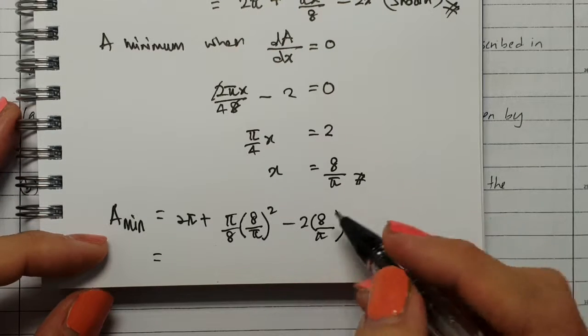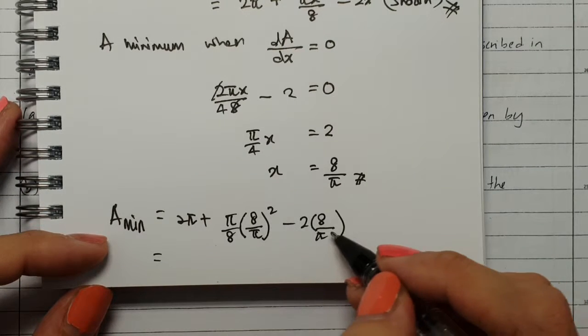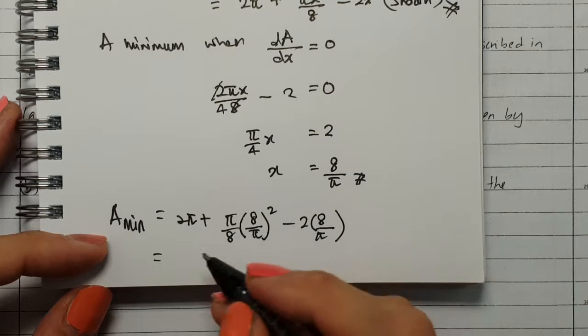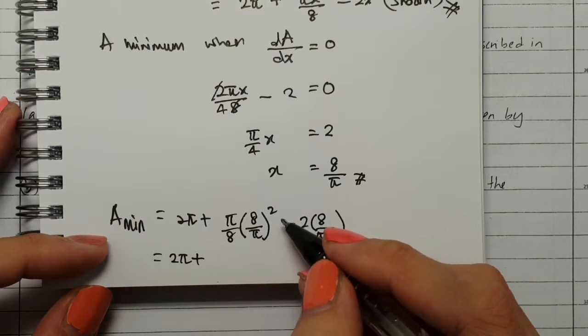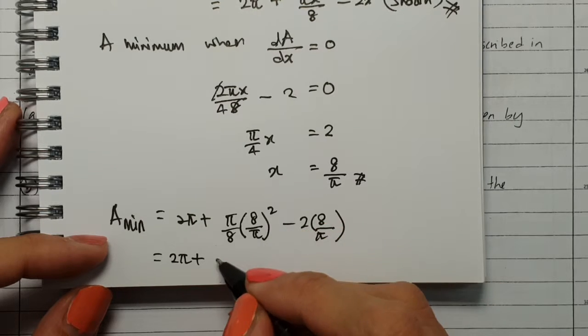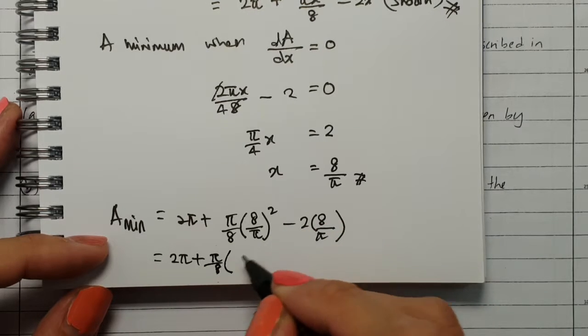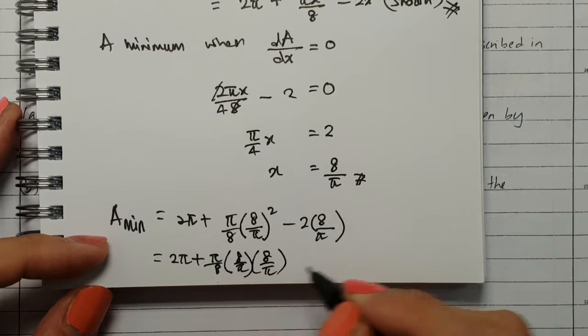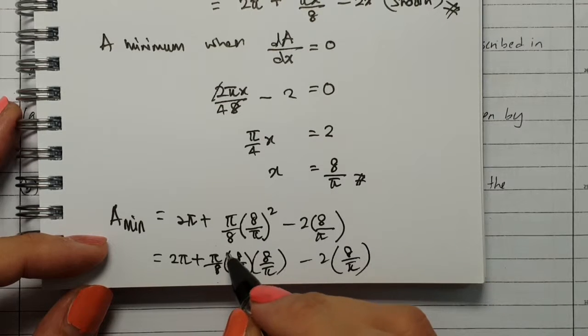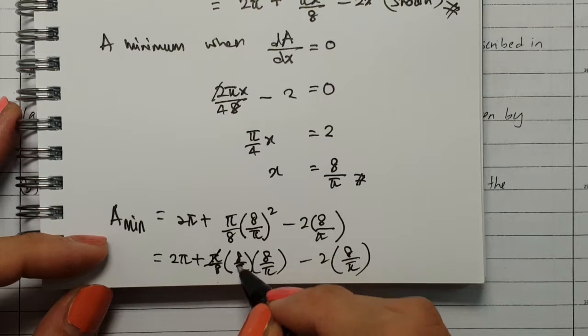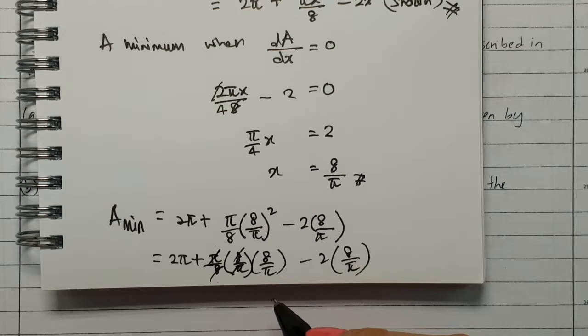Then solve this part. We will have 2 pi plus pi over 8 times 8 over pi times 8 over pi, minus 2 times 8 over pi. So you see, pi over 8 and 8 over pi can be simplified. So we're left with 1 times 8 over pi.